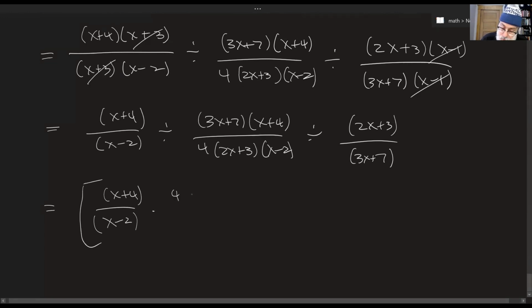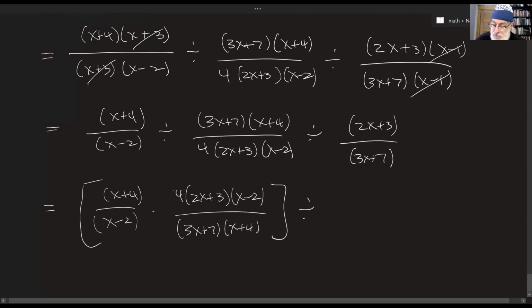So we have 4, 2x plus 3, x minus 2 divided by 3x plus 7, x plus 4.